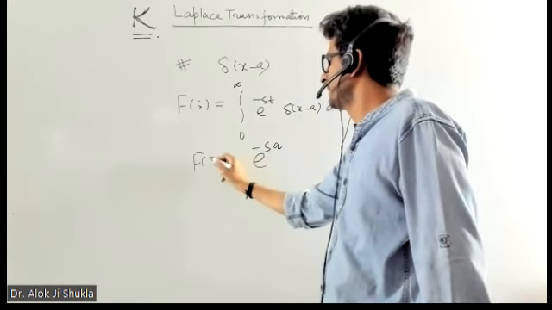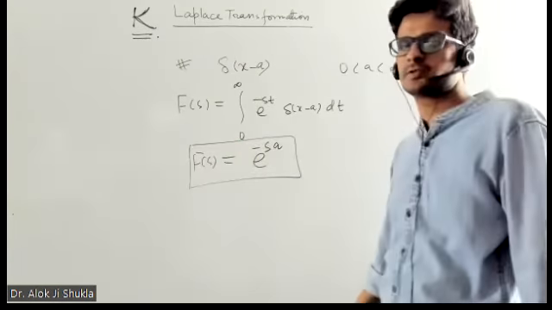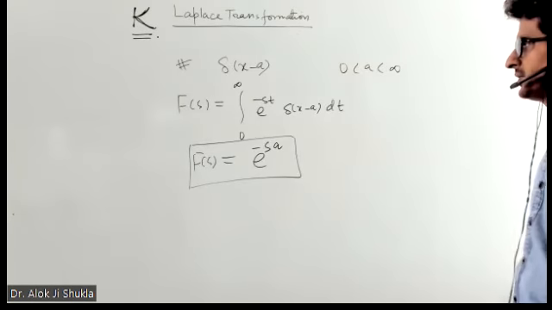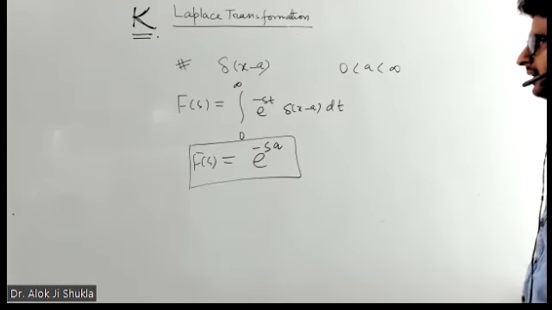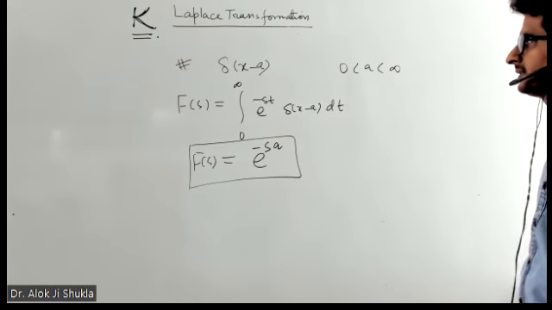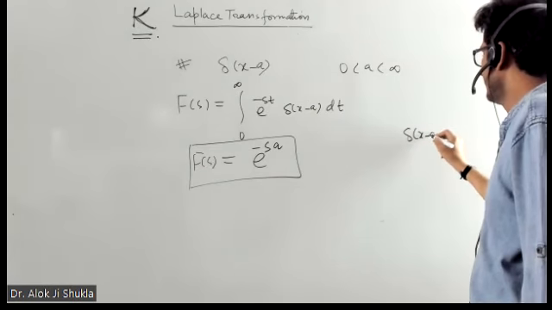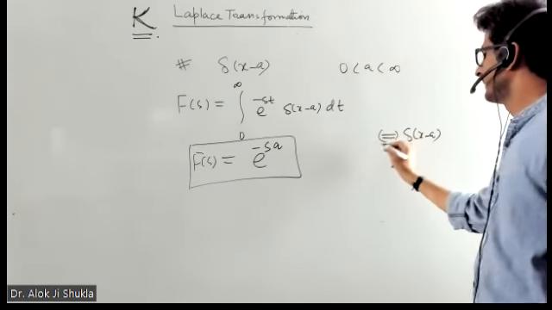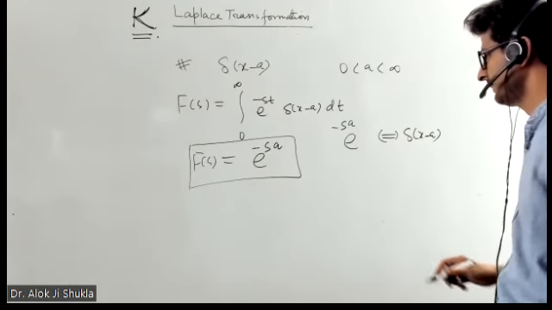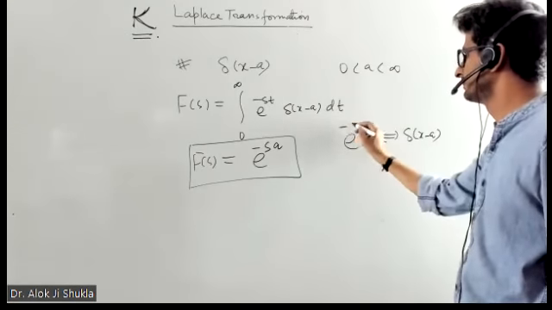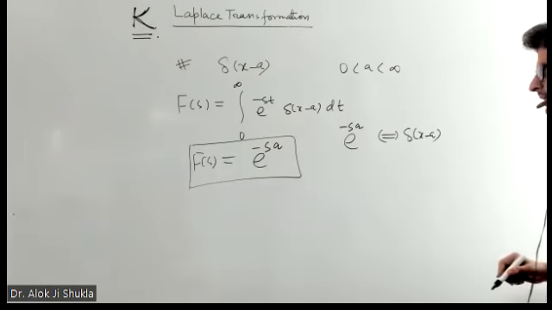So this will be the Laplace of the delta function. This is why we use Laplace transformation so much to solve differential equations. So we are going to do many such things. The Laplace transformation of a delta function x minus a is e to the power minus sa. Correct? Yes, sir. But a should lie in between, otherwise the answer will be 0. Okay.